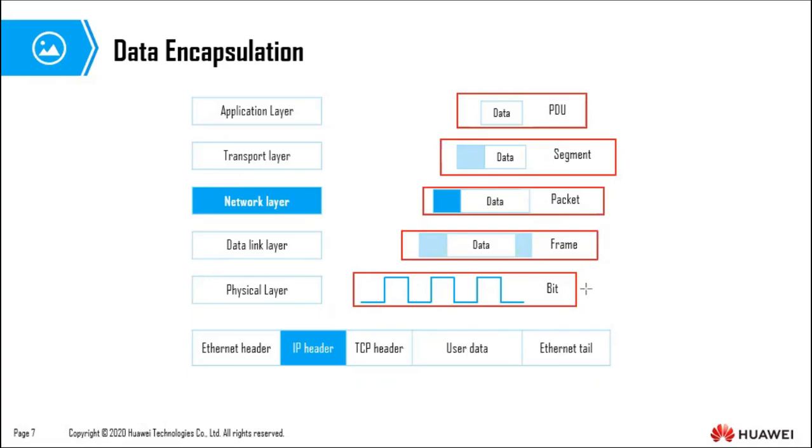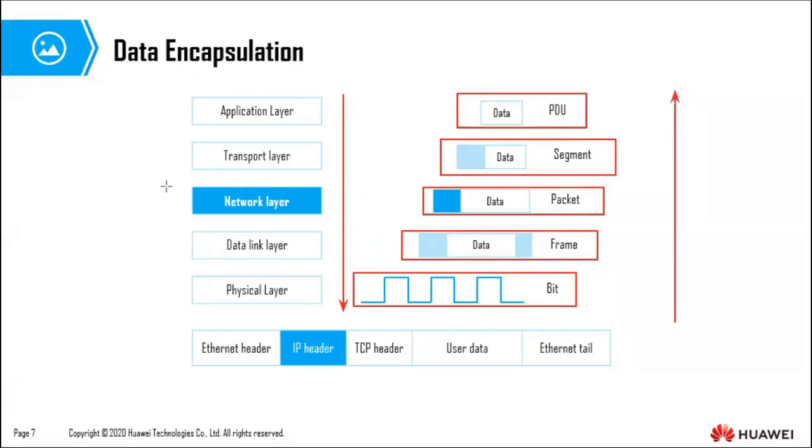So this process of adding information to the data as it moves from the upper layers to the lower layers is what we call data encapsulation. The opposite, which is removing the information when the data gets to the destination, moving from layer 1 all the way to layer 5, is called what?